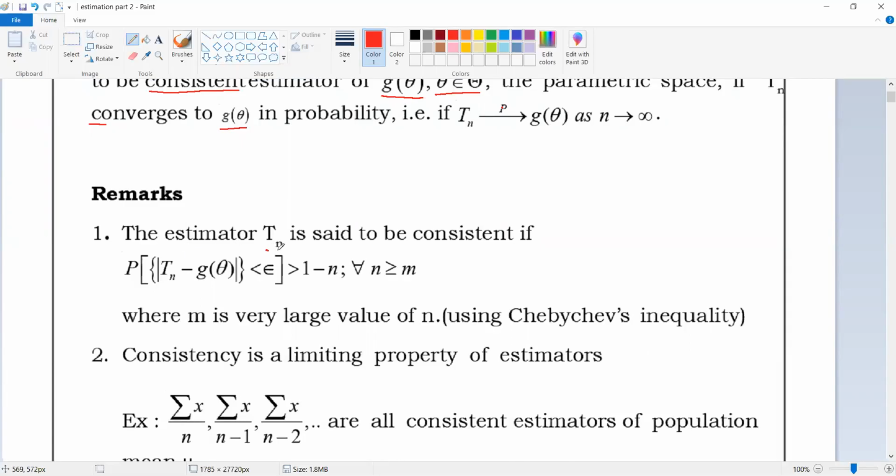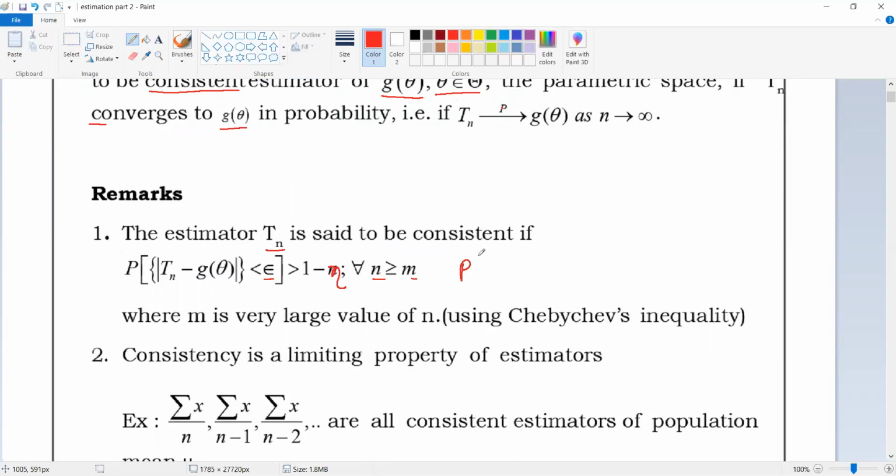That estimator Tn is said to be consistent if the probability of modulus Tn minus g of theta less than epsilon, where epsilon is a small positive real number, is greater than 1 minus theta for every n greater than or equal to m, so the sample size is greater than or equal to m.